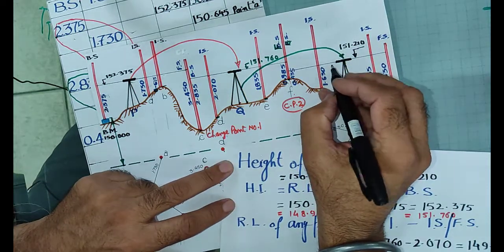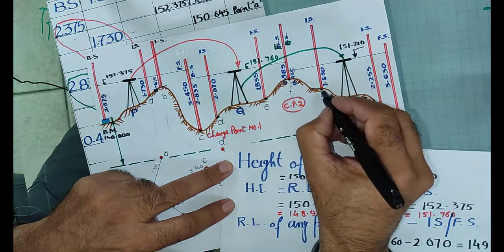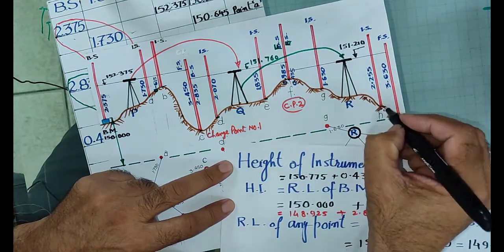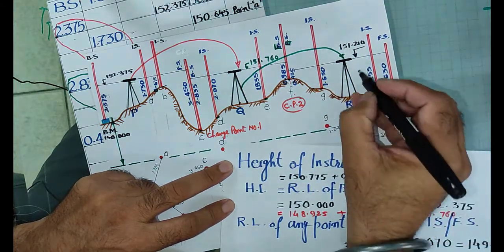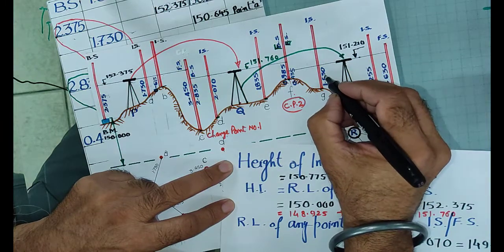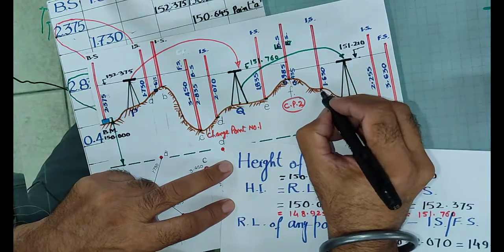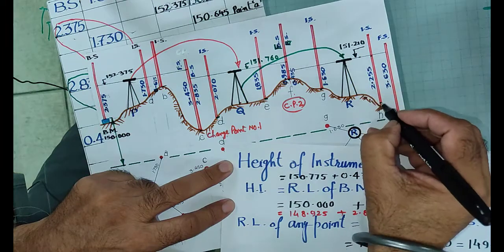Now you want to calculate the RL of points G, H and I. From this height of instrument you deduct this value, and its RL will be known. From this you deduct this, and you can calculate the RL of this.